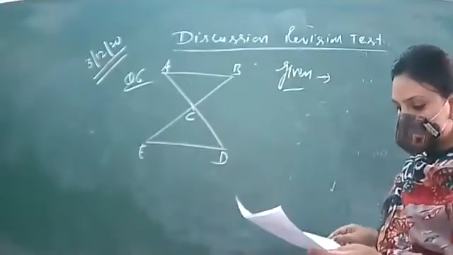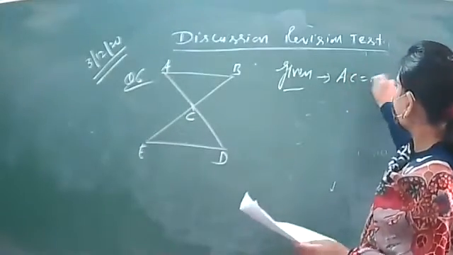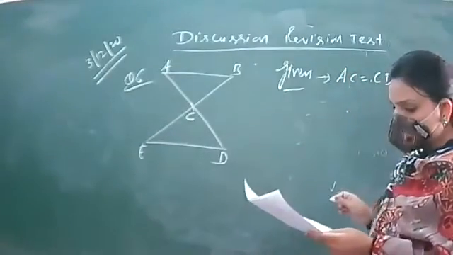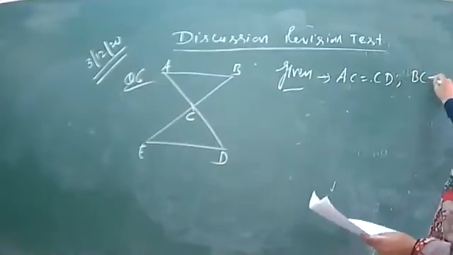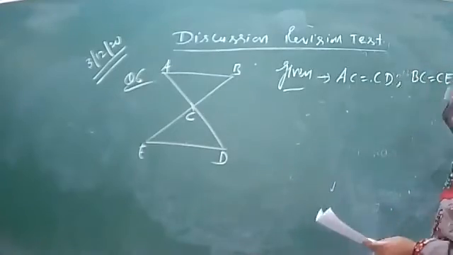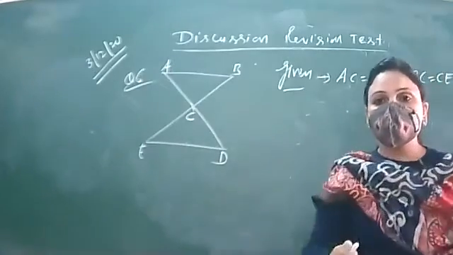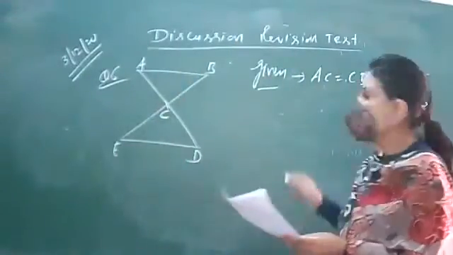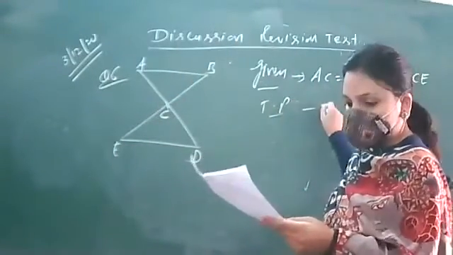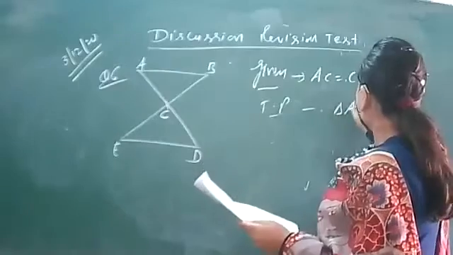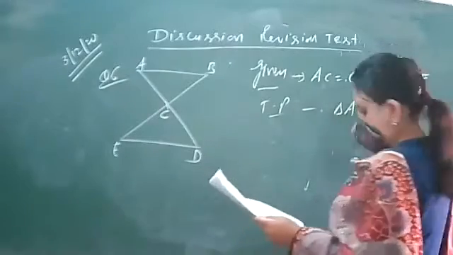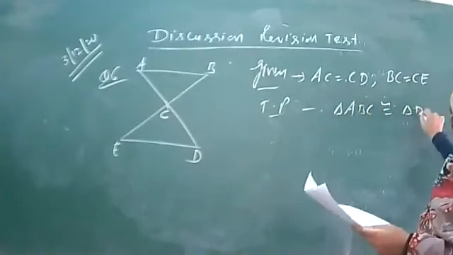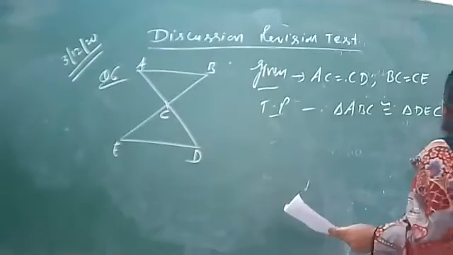It is given that AC is equal to CD and BC is equal to CE. This is given to us, right? And what do we want to prove? We want to prove that triangle ABC is congruent to triangle DEC.